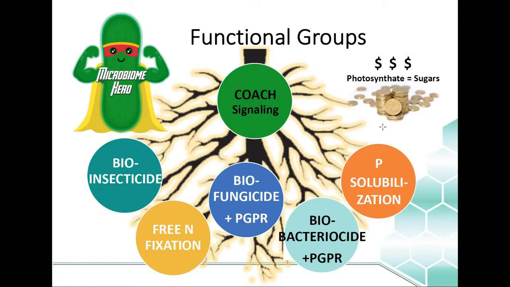Then you get the bioinsecticidal group in the rhizosphere, keeping out insects. Then you have the free-living nitrogen fixation group involved in binding nitrogen from the atmosphere, but also involved in the nitrogen use efficiency of the plant. For example, how the plant will convert inorganic nitrogen to amino acids and proteins.